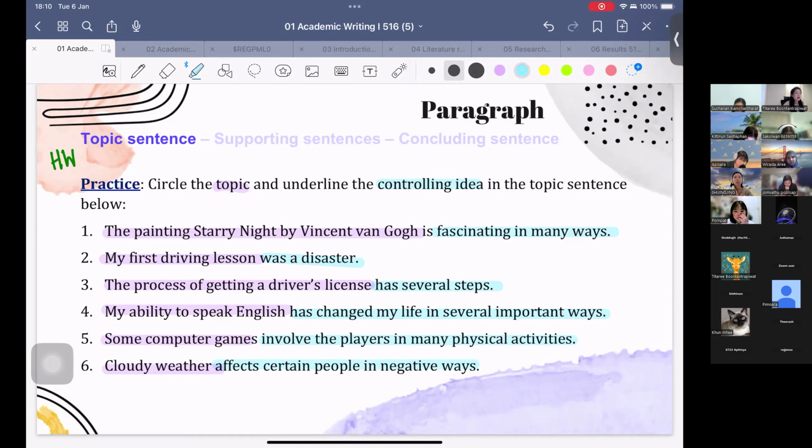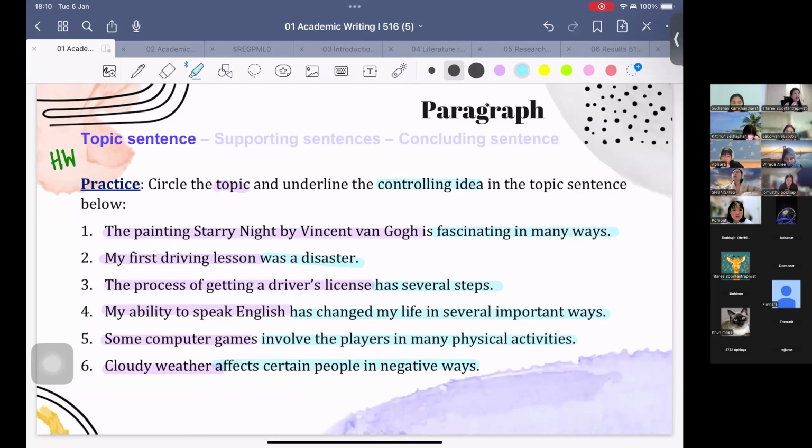So as you can see, it's quite simple when you see the topic. A lot of people when they write a topic sentence often start with the topic and follow with the controlling idea. However, it's your choice.